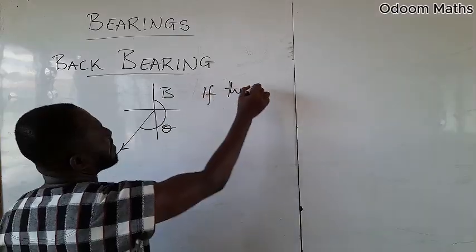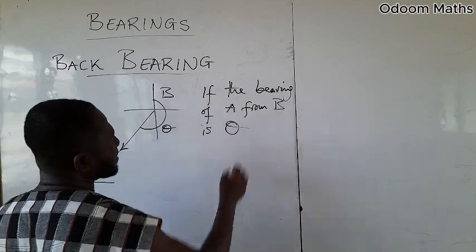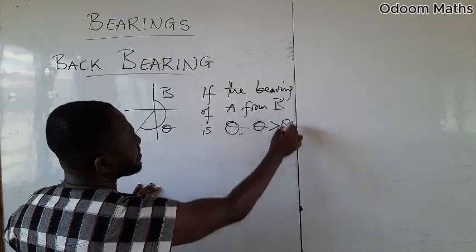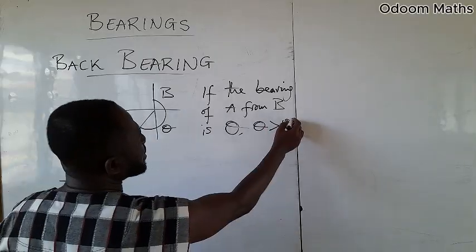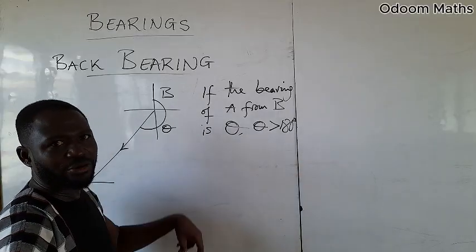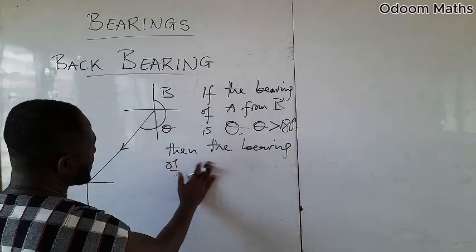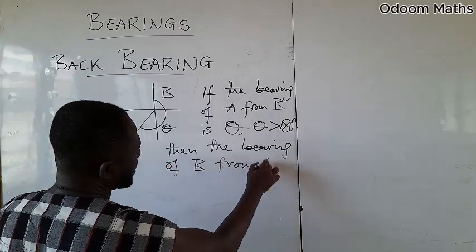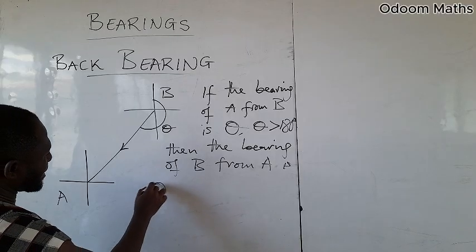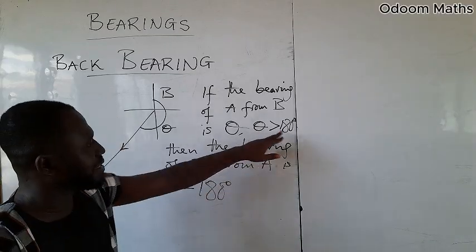If it's more than 180, then we take 180 from the original angle given. If the bearing of A from B is theta, and theta is greater than 180 degrees, we need to subtract 180 from the angle to get the back bearing of B from A. Then the bearing of B from A is theta minus 180 degrees, because theta is greater than 180.